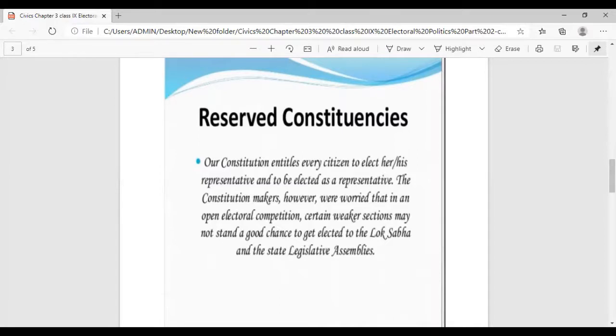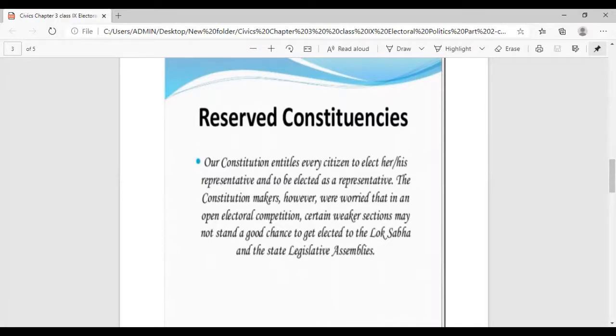Now, if we look at the total population of India, we see that scheduled caste comprises 16.6% and scheduled tribe comprises 8.6% of the total population of India.